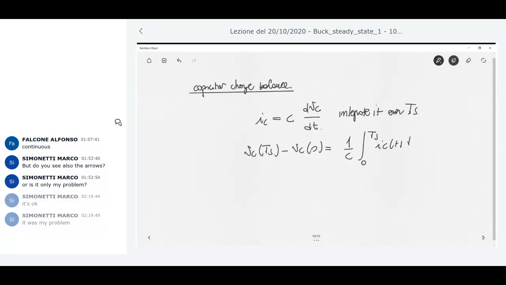So we make the same steps we made for the inductor. In steady state, these two quantities, VC at time Ts and VC at time 0, have a null difference, for the same reasons that lead to IL(Ts) minus IL(0) equal to 0, because we are in steady state. There is no possible transient occurring in the voltage and current waveforms. So this integral is null.